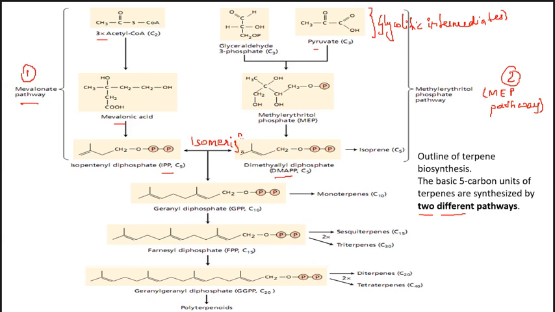So what we studied, acetyl coenzyme A acts as a precursor. Where did acetyl CoA come from? Acetyl CoA came from the TCA cycle. Three molecules of acetyl CoA are joined stepwise to form mevalonic acid.